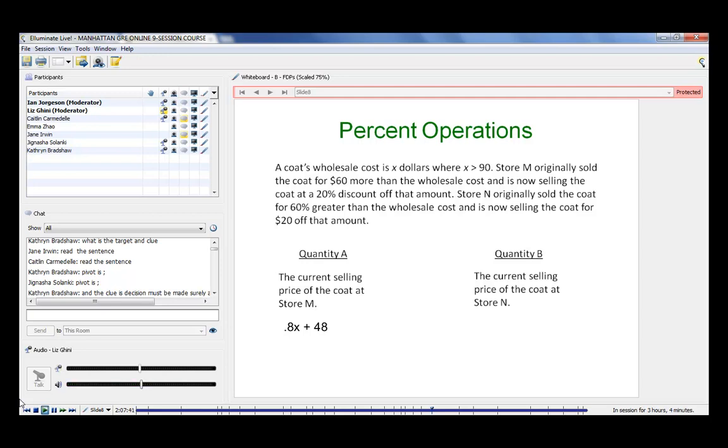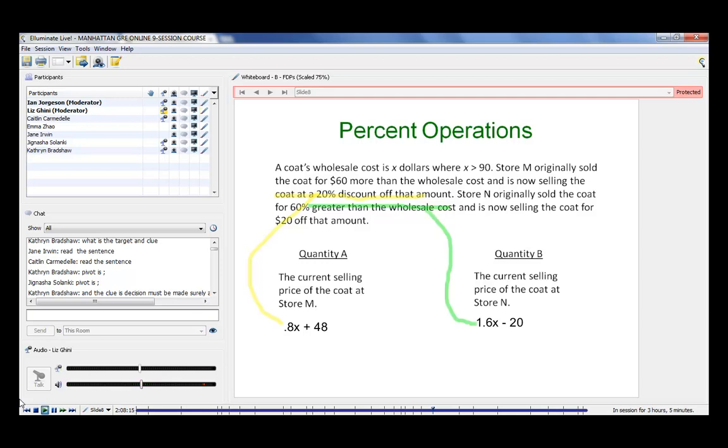We've got 1.6X and Jane has it, minus 20. Now, we had a little bit of confusion here. And notice this. Look, 20% discount off the amount. This is from A. So that means that ties to the 80. Sold the coat for 60% greater than the wholesale cost. And that ties to this 1.6.